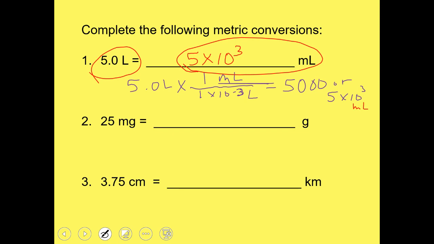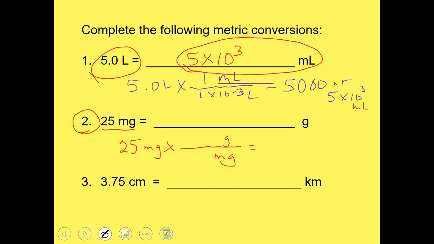Try the next two. I'll give you a minute, and actually just try number 2. Don't try number 3 yet. Remember the dimensional analysis lessons: start with the number and label that you're given and set up a factor. You want to convert from milligrams to grams.